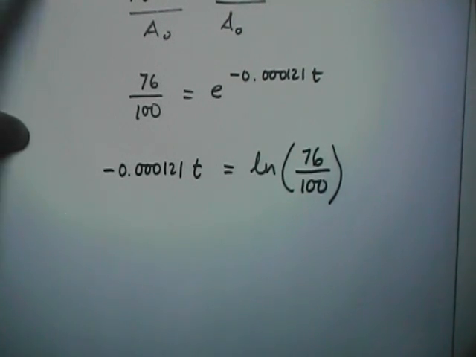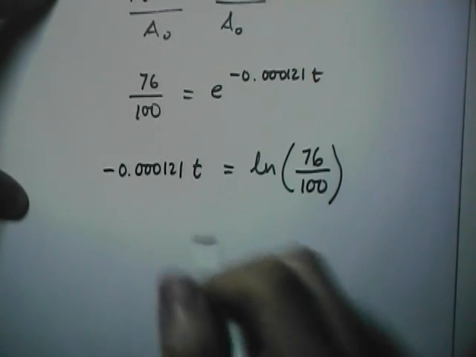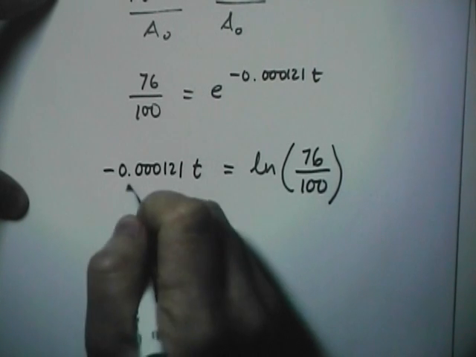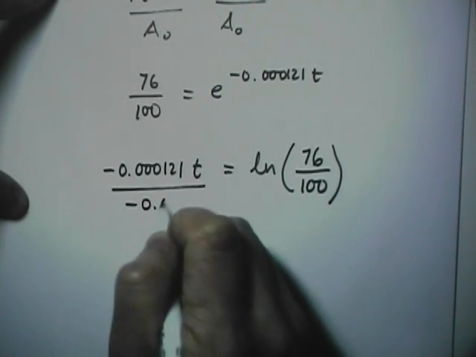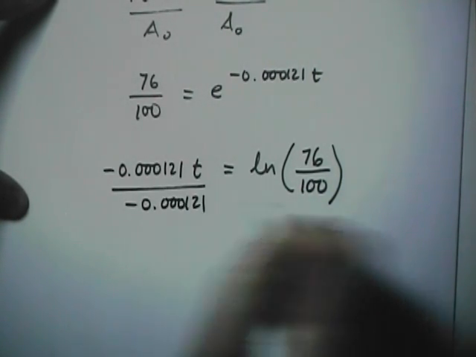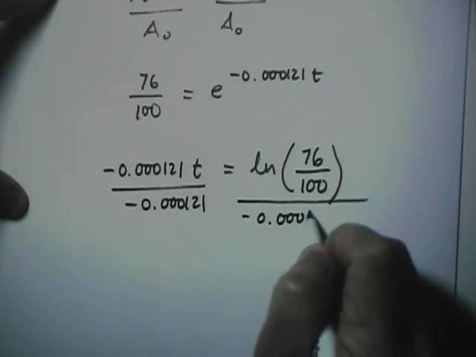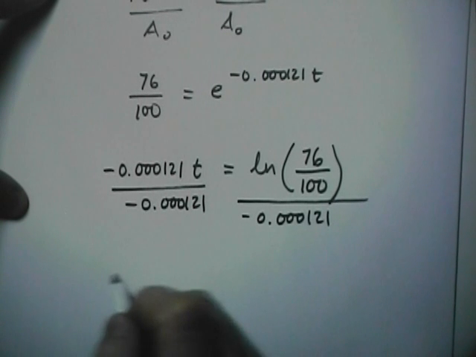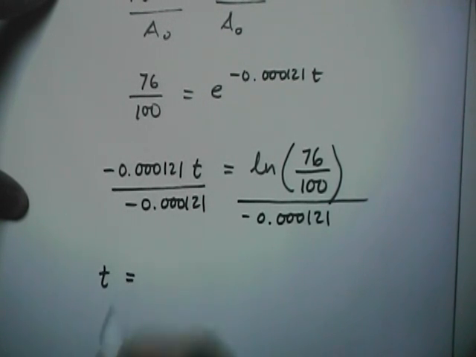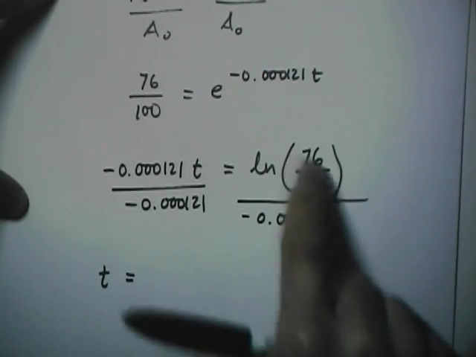To compute t, all you have to do is divide both sides by minus 0.000121. That's going to give me t equals, and then we compute this amount.